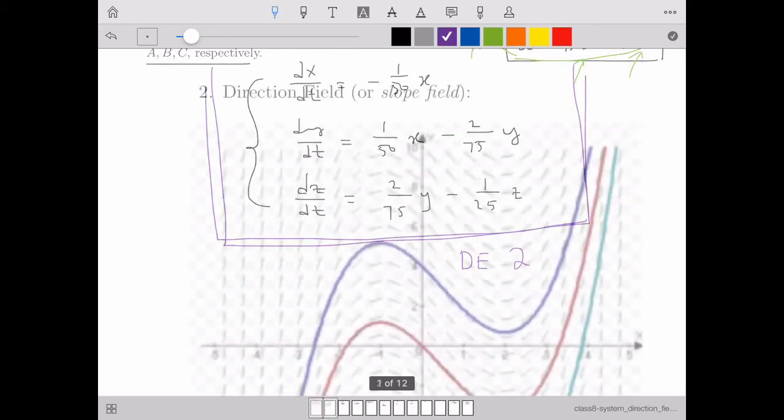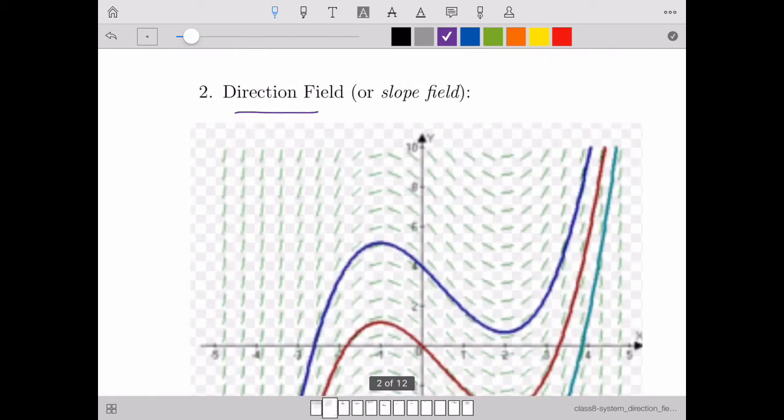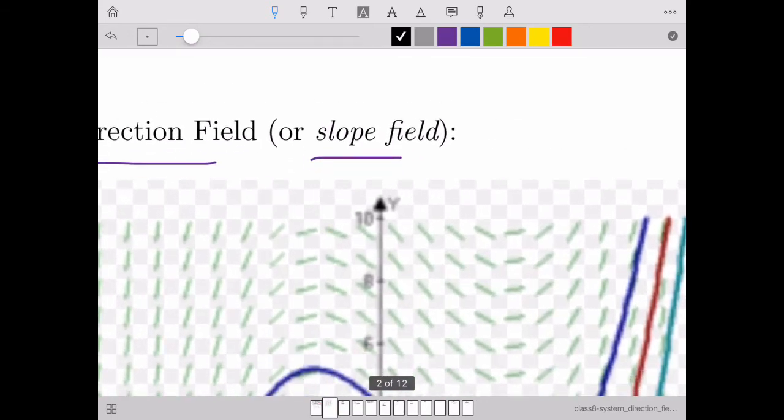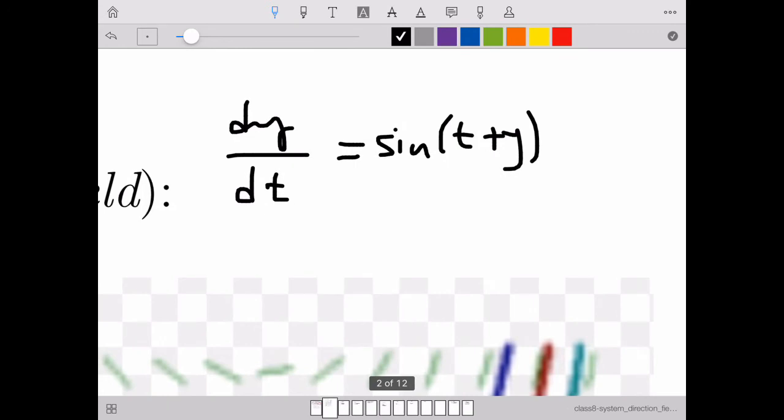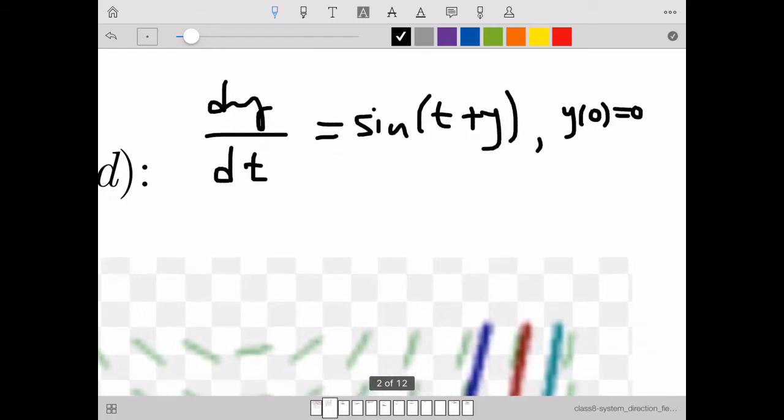Okay. Now the direction field, or slope field. Suppose we have a first order DE like this, with an initial value. This is your f(t, y), right?